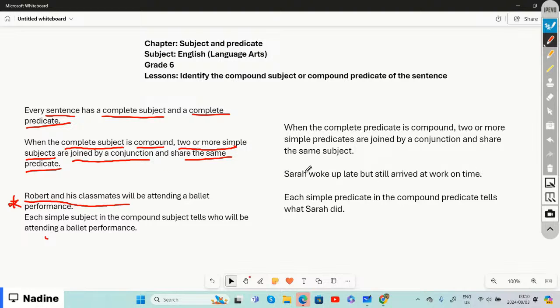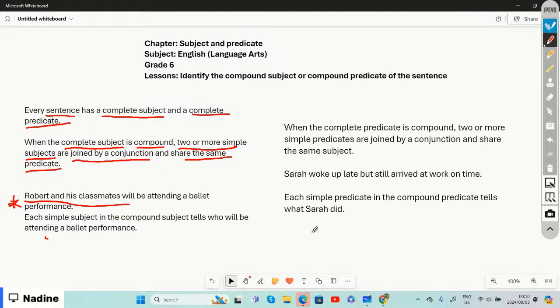All right. And then when the complete predicate, we spoke about the complete subjects, right? It tells us who or what is doing something. All right.